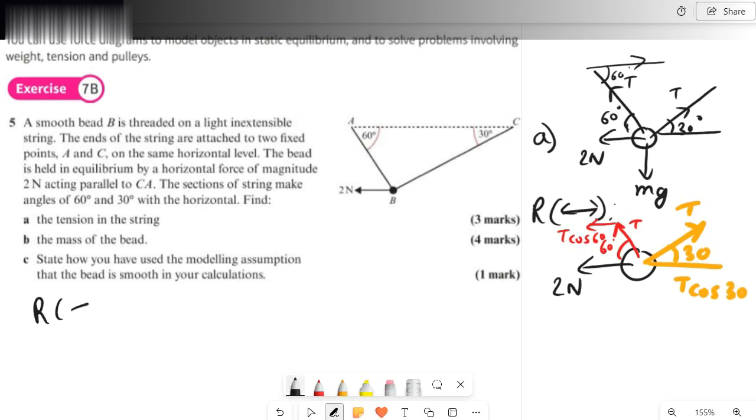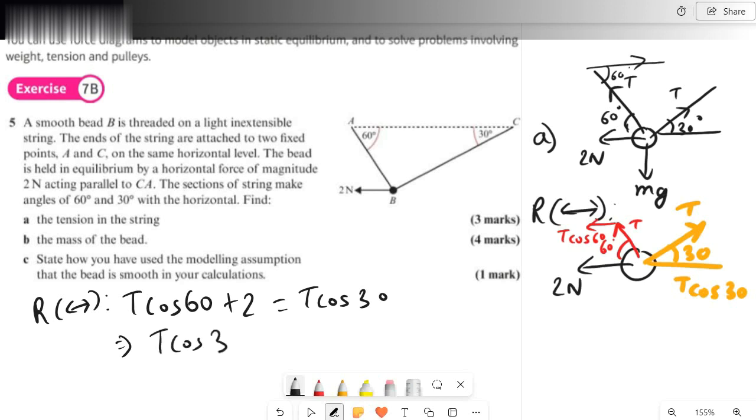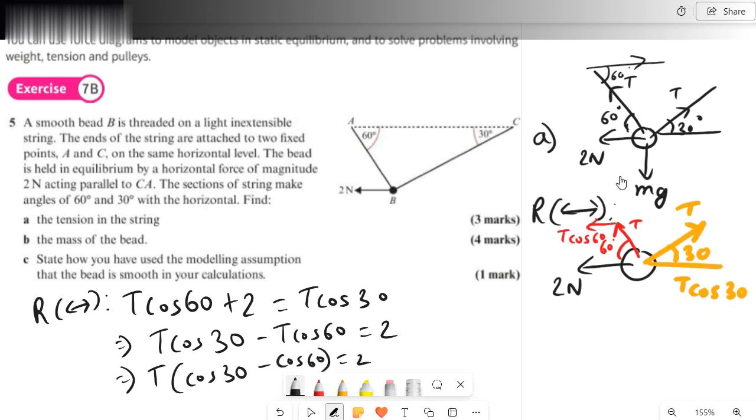So therefore, resolving horizontally, we can say that T cos 60 plus 2 newtons, which is towards the left, should be equal to T cos 30. And making T the subject, we can write T cos 30 minus T cos 60 is equal to 2. So therefore, taking T as the common factor, we can say T multiplied by cos 30 minus cos 60 is going to be equal to 2.